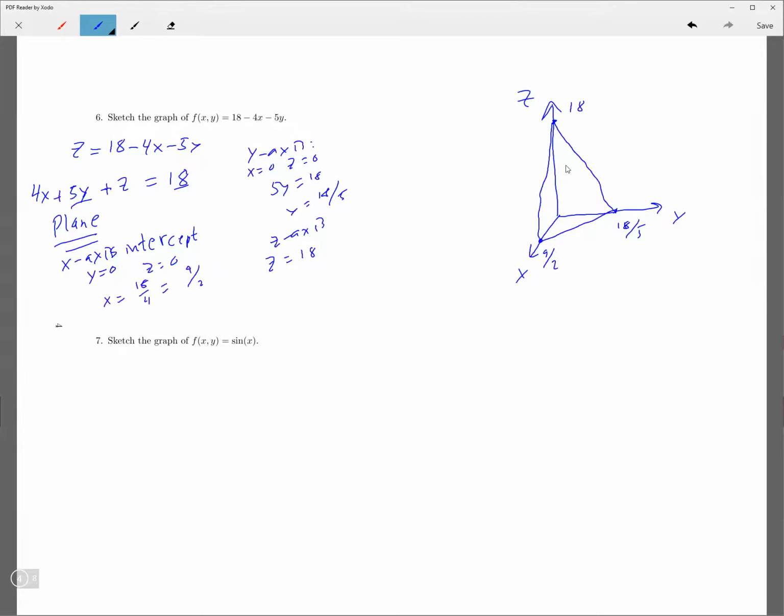So the answer is that it's actually the pyramid shaped thing. Well, it looks like a pyramid, but it's actually just a plane. So it's not a pyramid, but a plane, because it keeps going out in all directions.